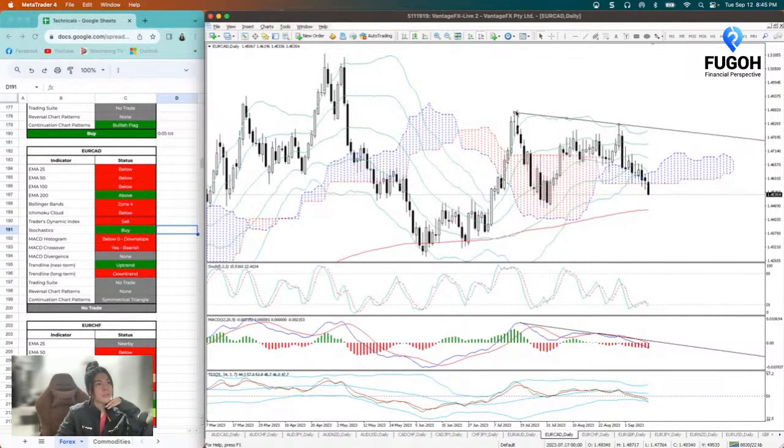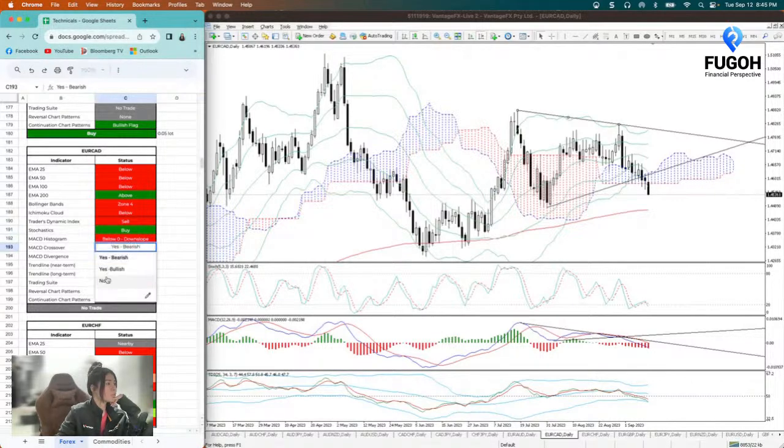From here to here. How about the lows? The lows are, it's still the same. Nope. There's no convergence. No.